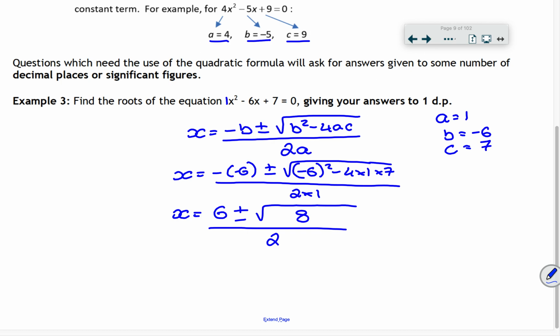It's at this point that we look at the plus minus bit. This is what allows us to find the 2 roots, because the answer can be split up at this point, because that just means x is equal to 6 plus the square root of 8 over 2, or 6 minus the square root of 8 over 2.